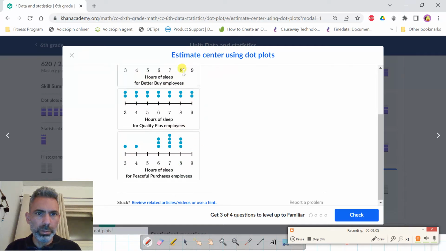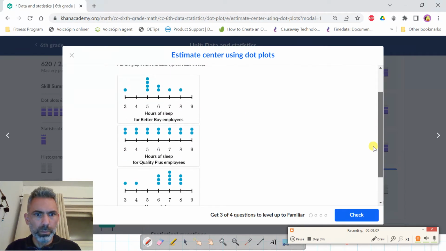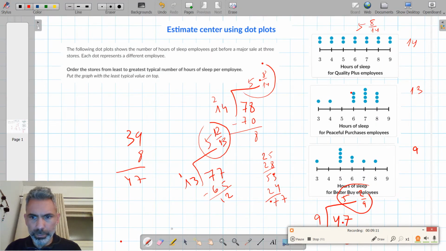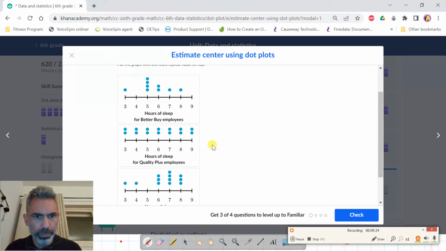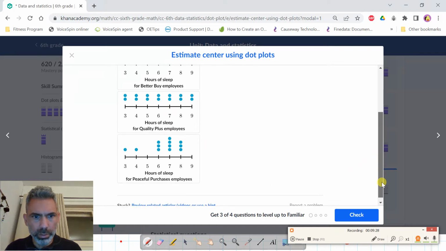So this is the store with employees of the least amount of sleep. Quality Plus is in the middle.